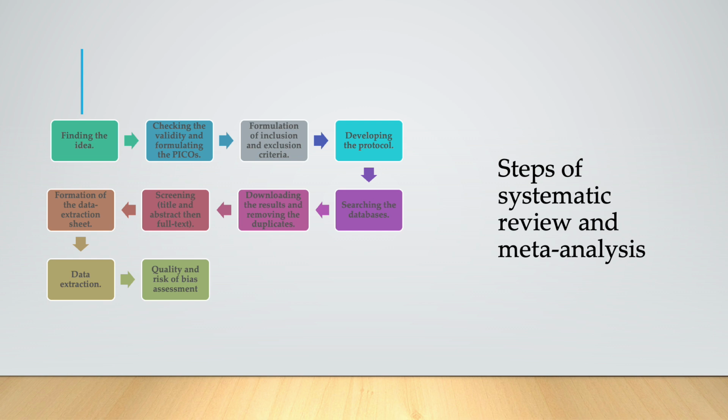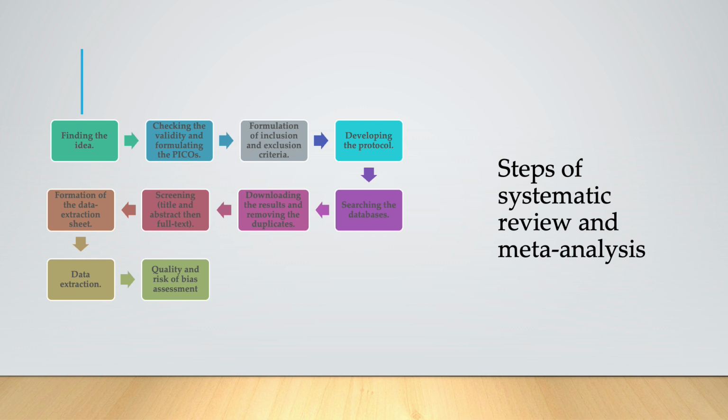It's a very important and crucial step to check the quality of our included research. Risk of bias assessment for each research included in our study, and we will talk about this in one lecture in detail, because it's very important to know how to check the risk of bias.